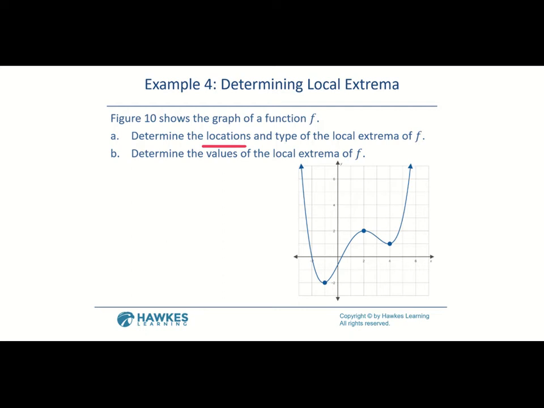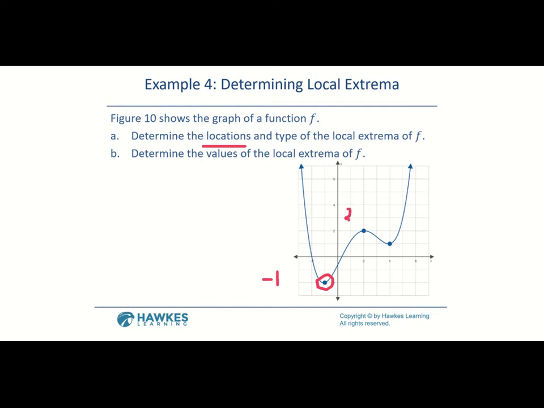And you can see we have a graph with 3 peaks or valleys. This first one here would be a local minimum, and its location would be -1. Then we have a local maximum, because think of it as the top of a peak, and its location would be 2.